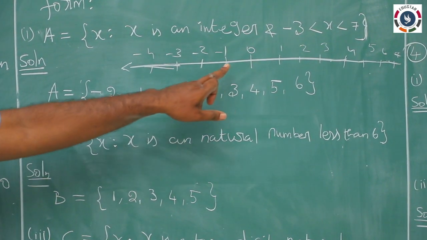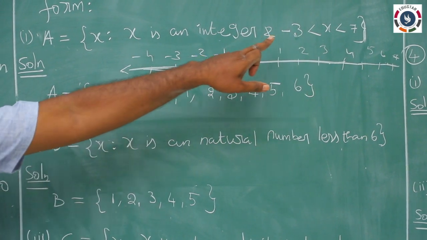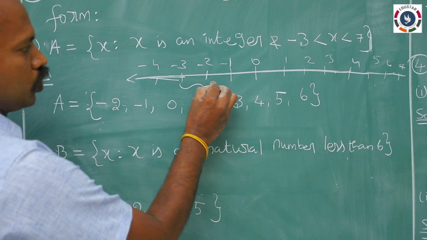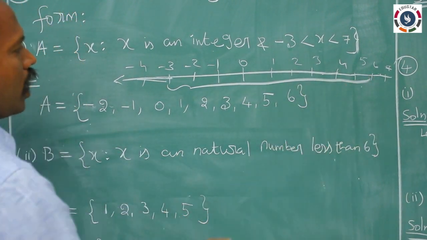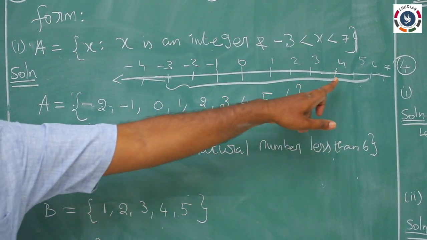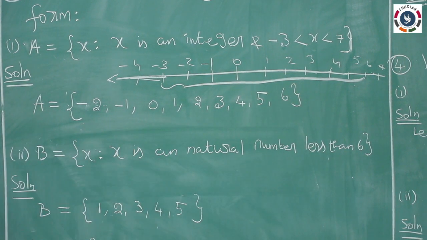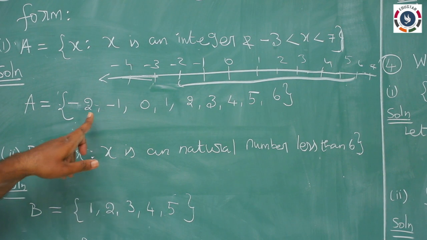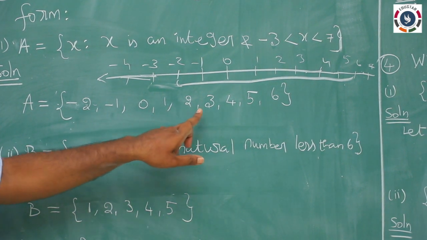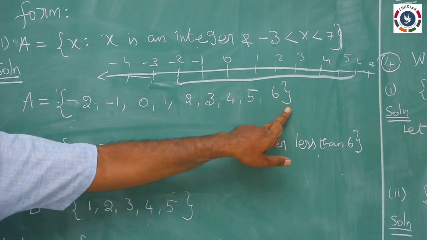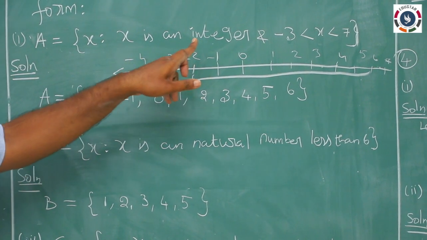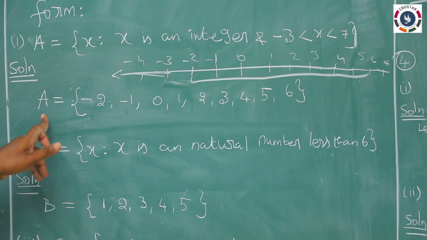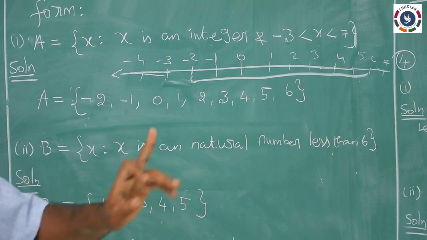Here minus 3 less than x less than 7, so x runs from minus 2 to 6. That is minus 2, minus 1, 0, 1, 2, 3, 4, 5, 6.